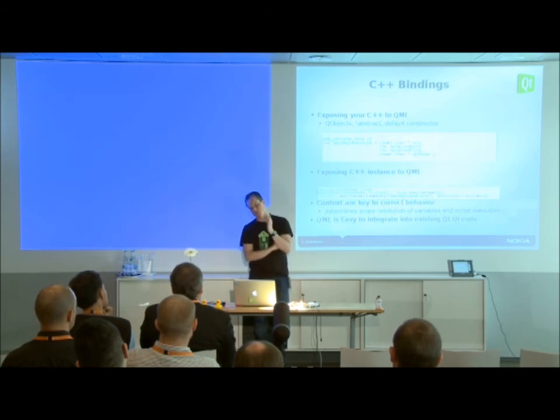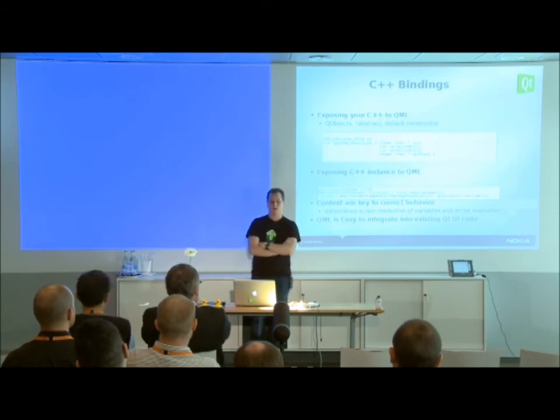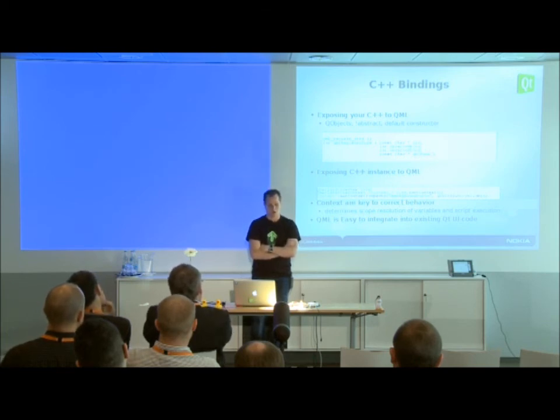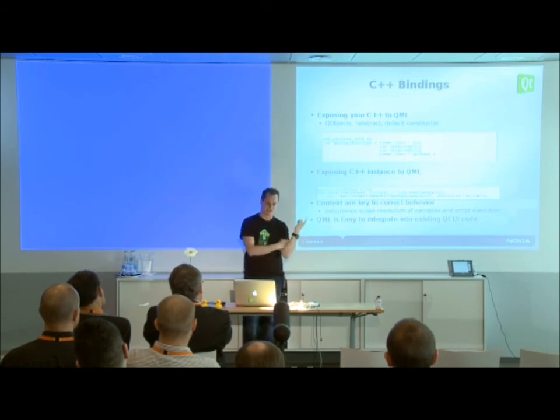So in order to use any C++ object, they have to be QObjects, which is the base class of Qt. It shouldn't be abstract, so you can instantiate the object. And it should have a default constructor. Those are the only 3 requirements you need. And then you need to do a bit of work, which is using those 2. First is a macro that you put on your H file of your class, where you actually declare the type to QML via this macro, QML_DECLARE_TYPE.